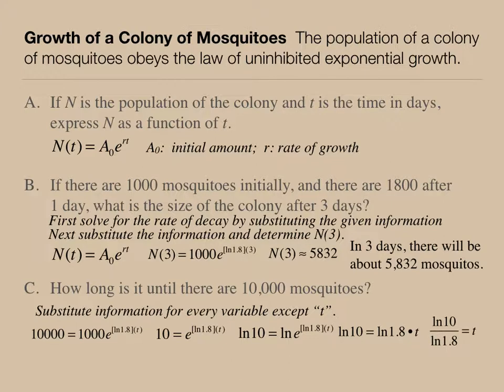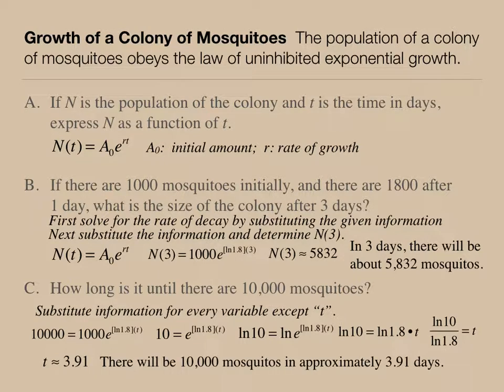So that's my exact time where there'll be 10,000 mosquitoes expected. I can now take a calculator and estimate this to be about 3.91. So there'll be 10,000 mosquitoes in about 3.91 days.